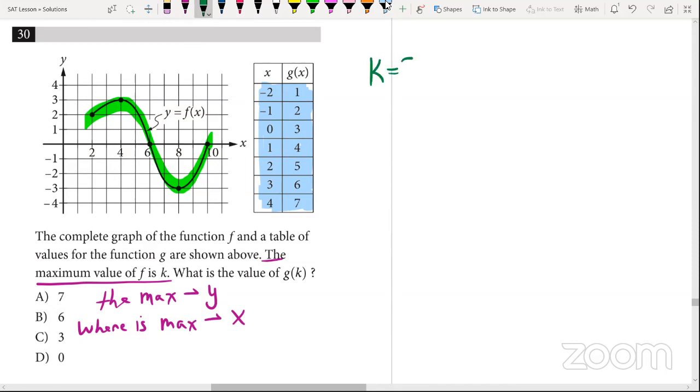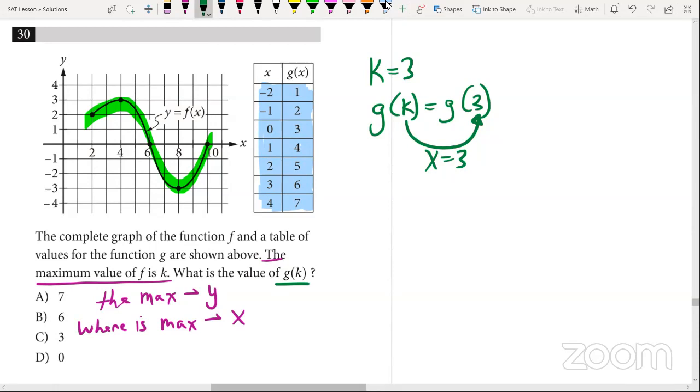So k is 3. Now we're going to g of k. They're saying, what's g of k? So if k is 3 and we need g of k, then that's g of 3. So we're going into the g function, which is the blue chart now. And in f of x notation, if I give you an f of x, or in this situation, a g of x, or g of k, what have you, and then I say substitute 3 into the parentheses, what we're really saying is that x is 3.